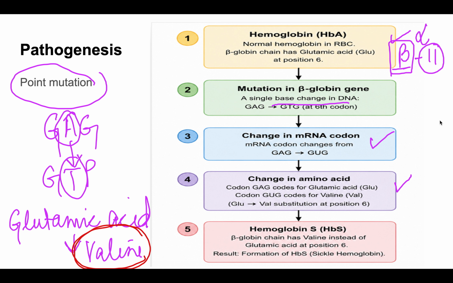So glutamic acid is replaced by valine at position 6. This is the main pathology, and because of this, the hemoglobin formed is hemoglobin S. So what you have to remember is that the beta globin chain is involved, which is present on chromosome number 11. At position 6, there is a change of glutamic acid to valine, and this leads to hemoglobin S.